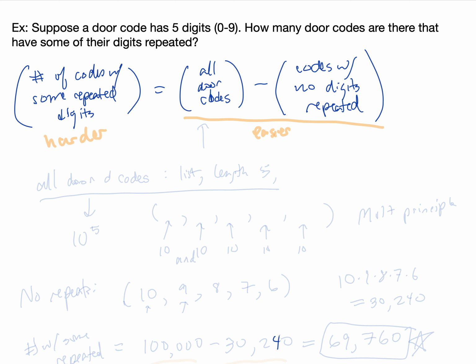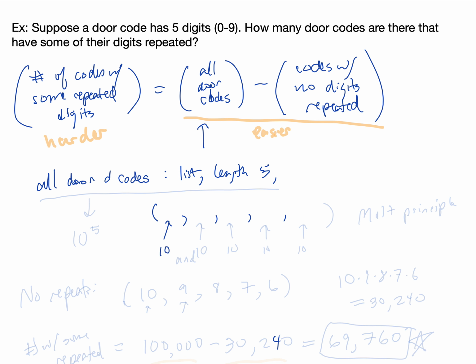So let's calculate each of those pieces directly. First, all door codes possible. This is just a list of length 5 with no restrictions at this point. The next part is going to be no repeats. So lists of length 5 from the digits 0 through 9. We've got our list of length 5.